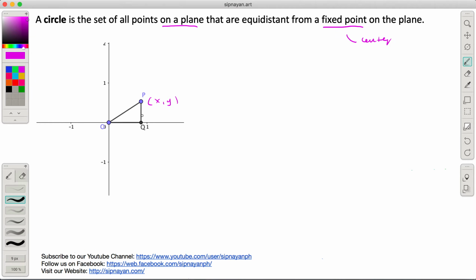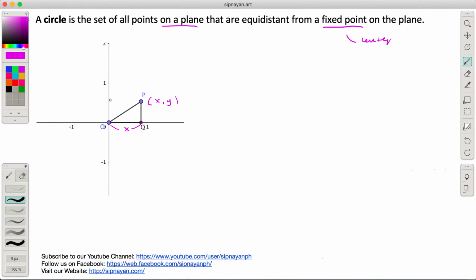What does x mean? It is the x-coordinate of this point, or the distance from 0 to this point. For example, from 0 to 0.9. You can also represent that as a distance, so we can represent this as x. And the vertical side, from here to here, is the y-coordinate of P, which we can also treat as a distance from 0, for example 0.6.